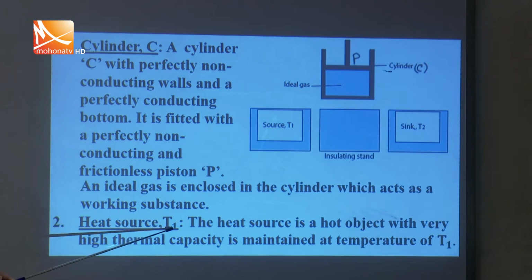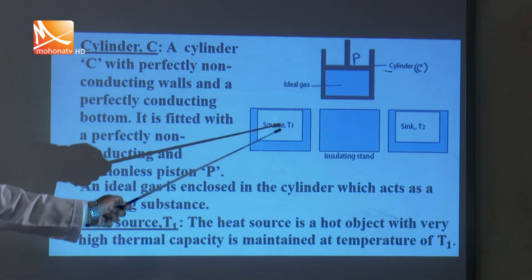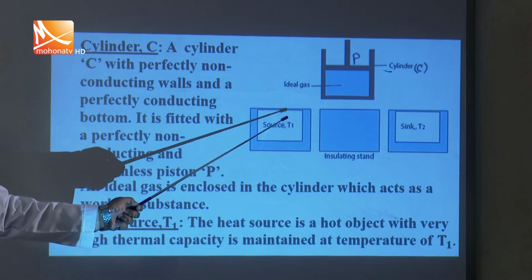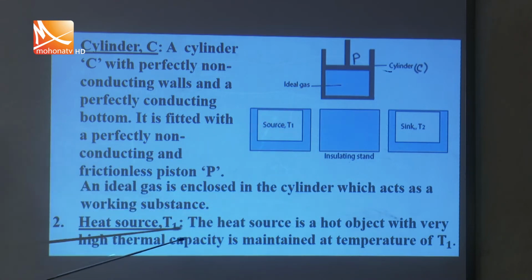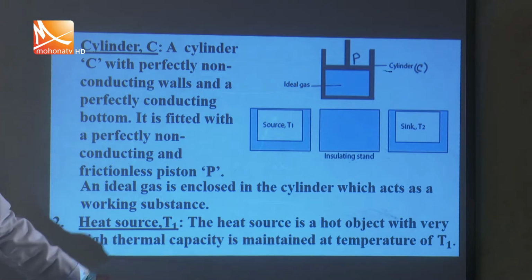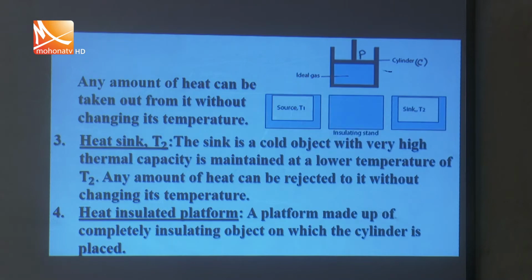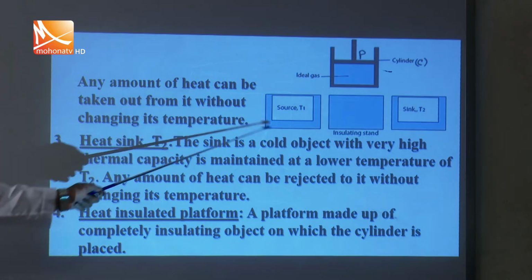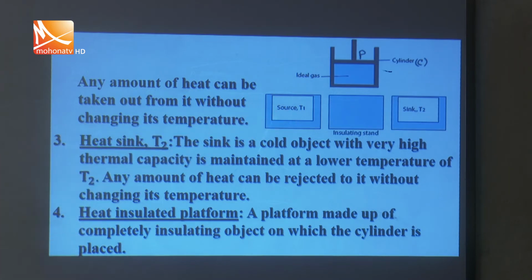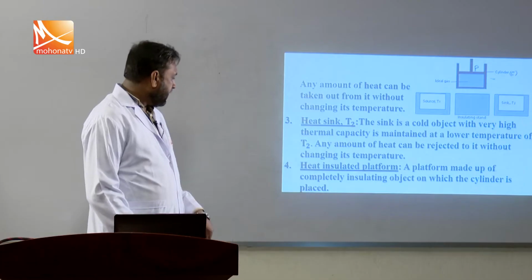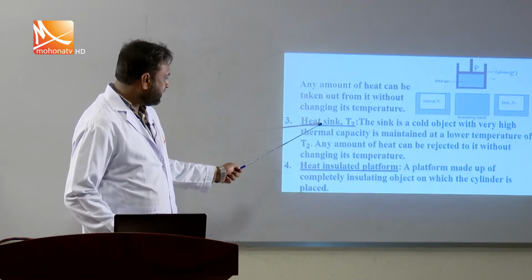Now, heat source T1. The heat source is a hot object with a very high thermal capacity, maintained at a temperature of T1. Any amount of heat can be taken out from it without changing its temperature. Now, heat sink T2.